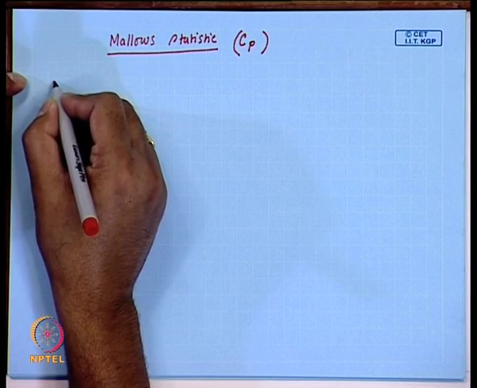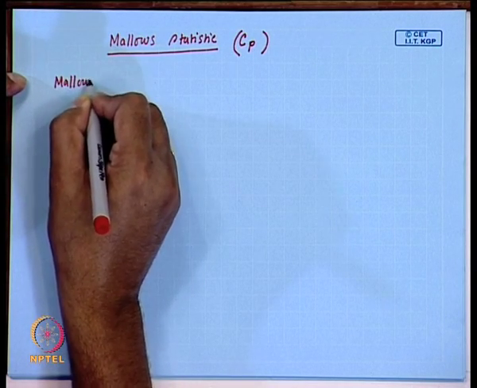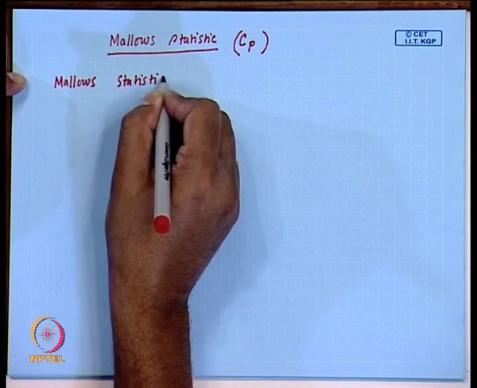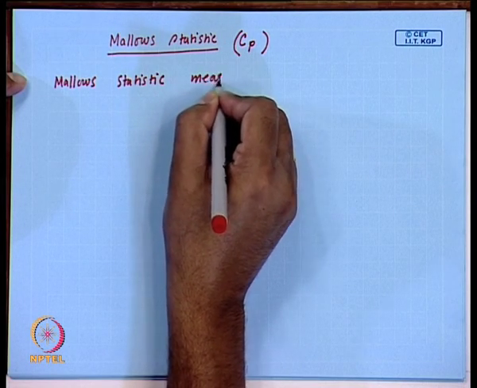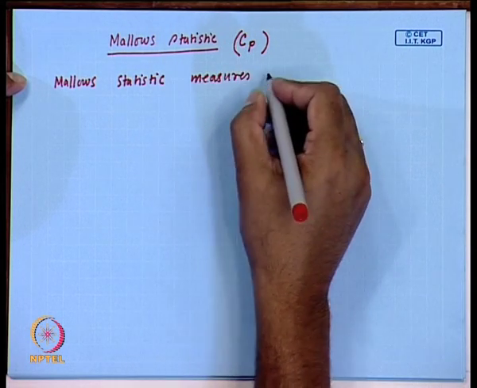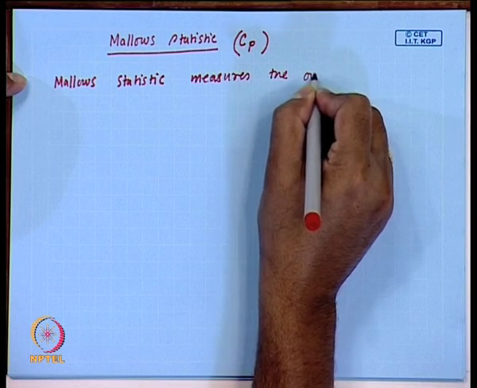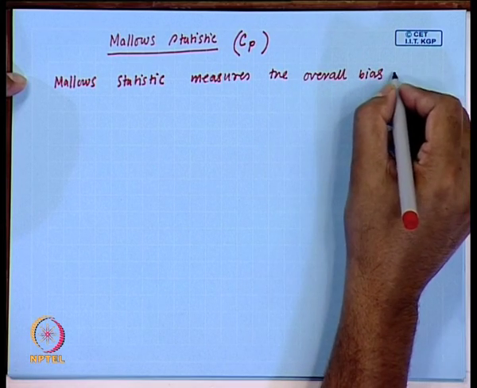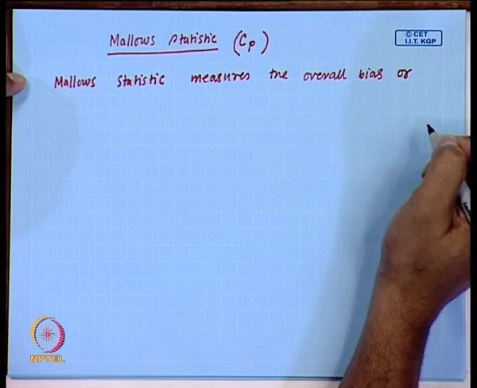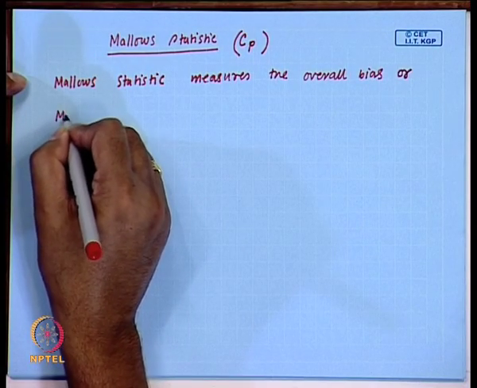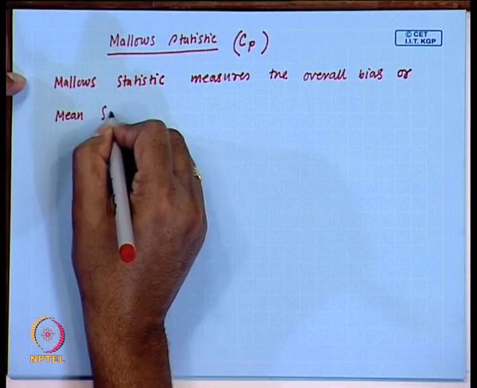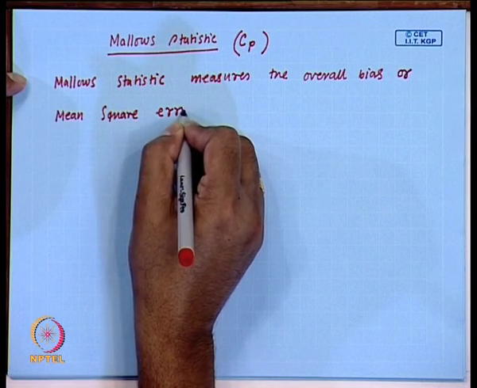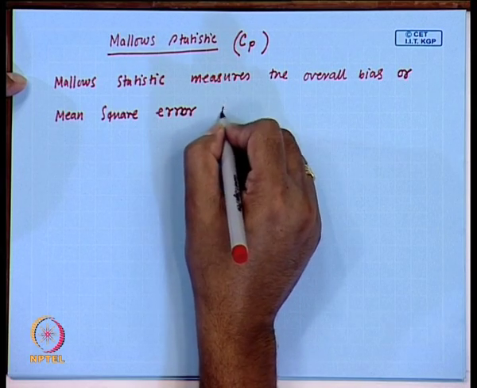So, this statistic measures the overall bias or mean square error in the fitted model.